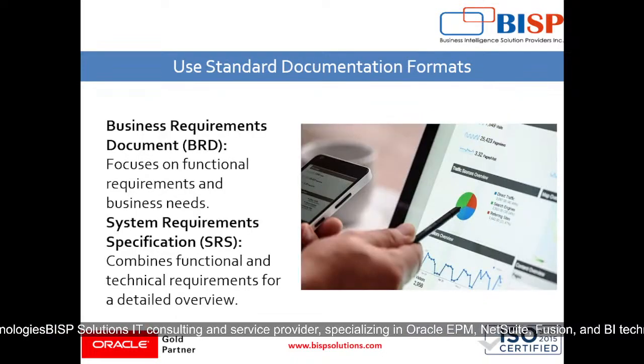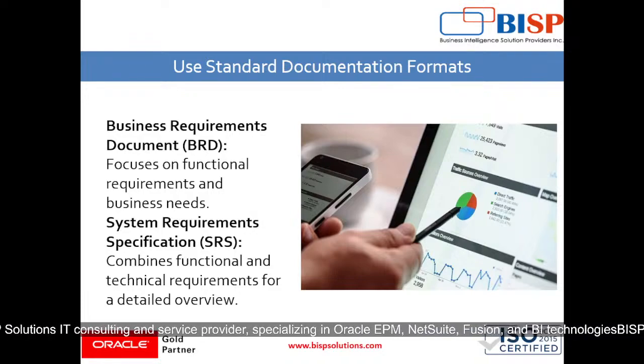Then we will be using a standard documentation format. It means we are taking a base for making a BRD. It might change with organizations, but as a base we are taking a format for preparing a business requirement document.